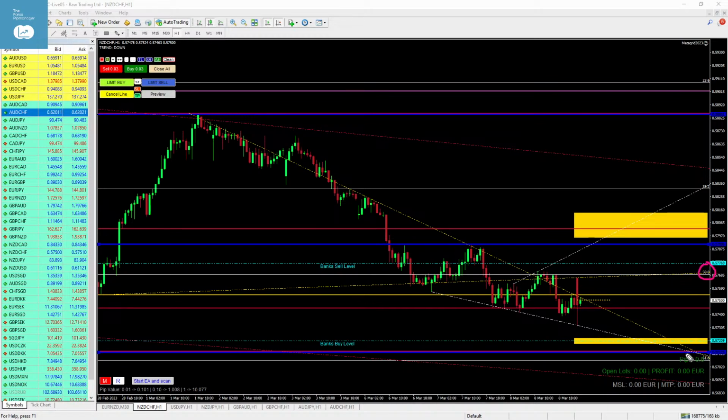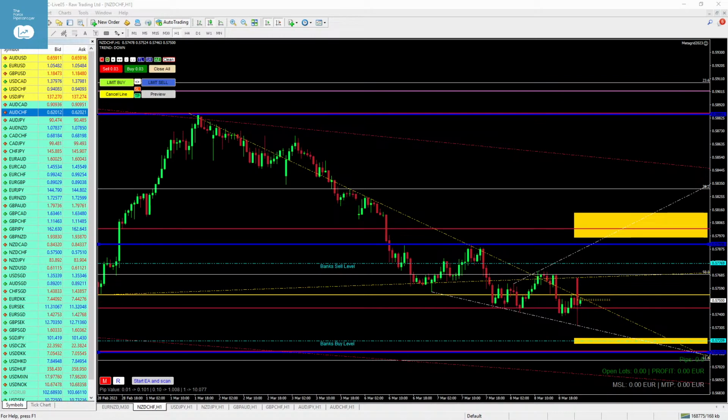And we have here the 61.8 level from the Fibonacci levels, and this one is very close here to this major buy level. So this supports my idea that we maybe see such a move here.